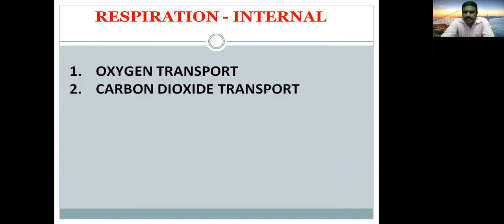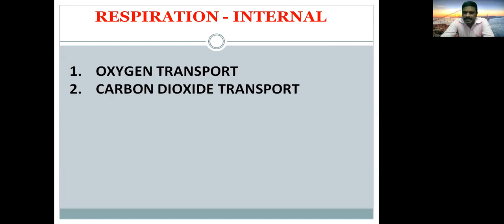Coming to internal respiration. In internal respiration, there are two phases. One phase is called the oxygen transport phase. Another phase is called the carbon dioxide transport phase. Internal respiration occurs between blood and tissue, whereas external respiration occurs between lungs and blood.